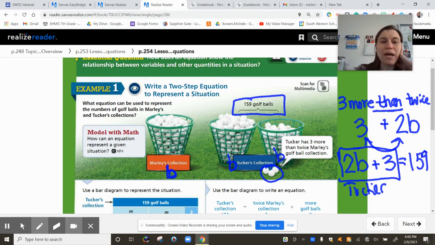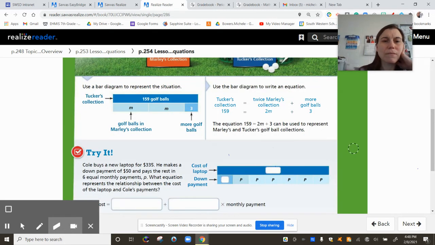So let me show you how your book does it. Your book used M for Marley, and they're using this graphic of a bar graph. If that helps you and that makes sense to you, that's great. I'm not a big fan of it, but if it makes sense to you, that's good.